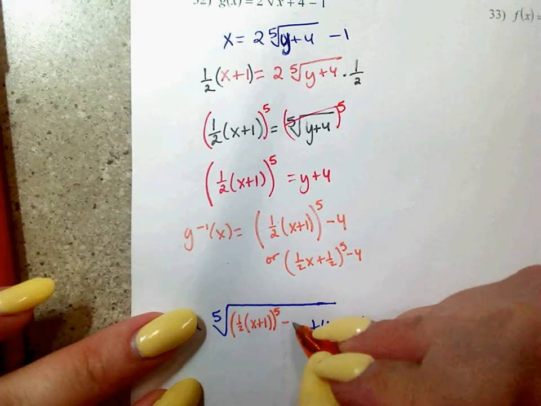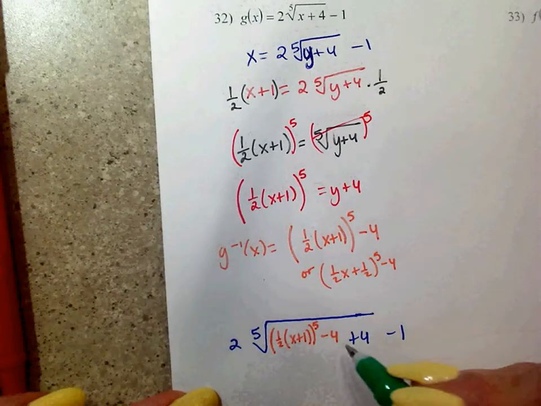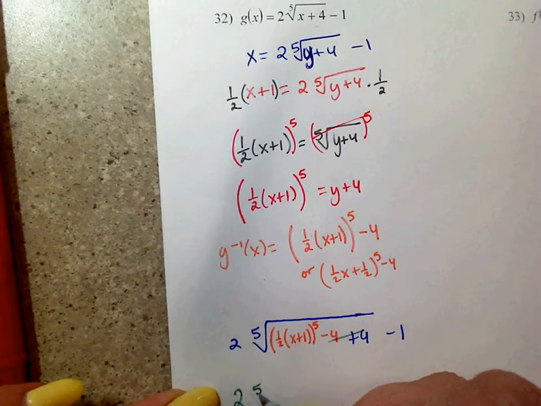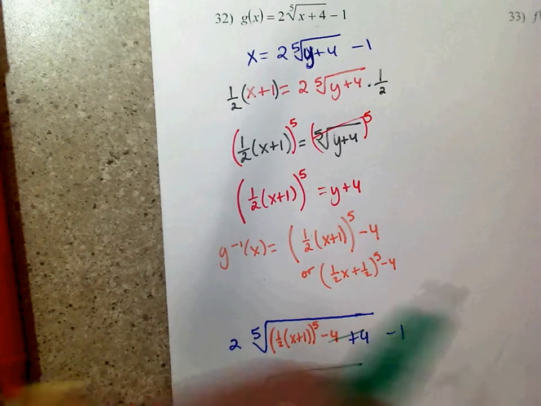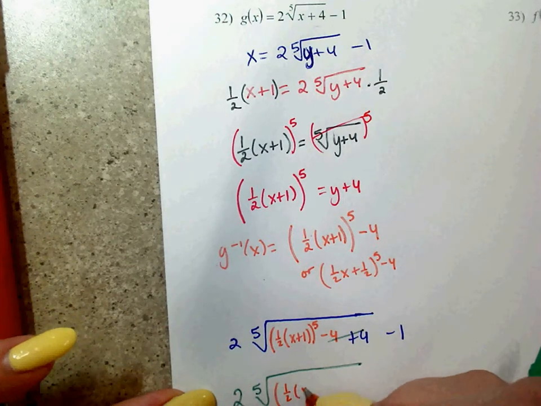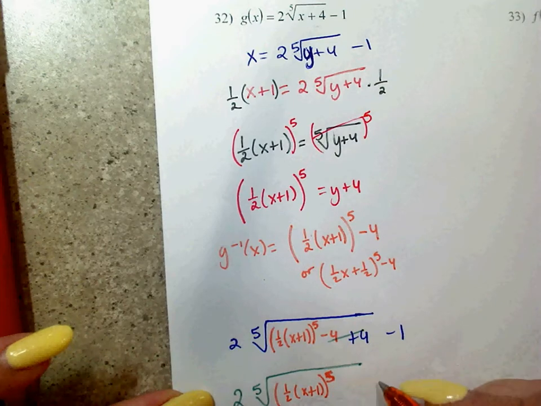So as far as simplification goes, I can see that the first thing to go is going to be the 4's. So then I've got 2 times the 5th root of 1/2 times the quantity x plus 1, and then all that's being raised to the 5th power, and then minus 1 in the exterior.